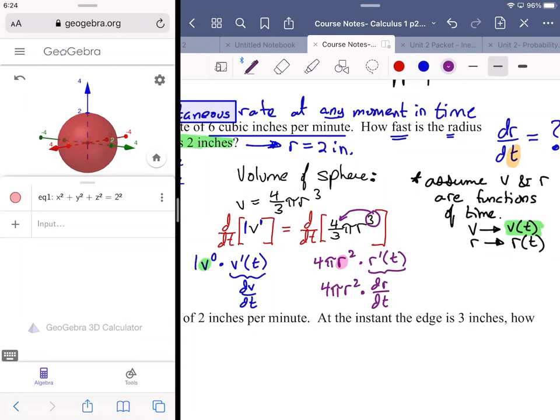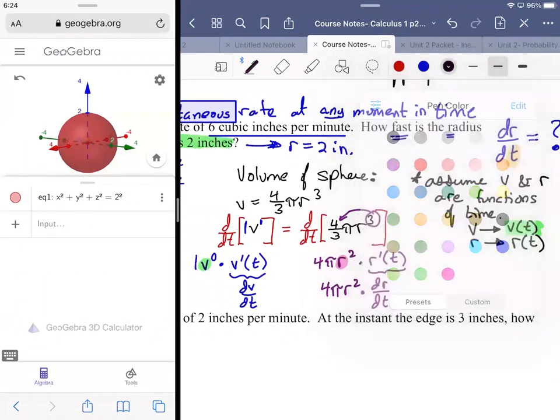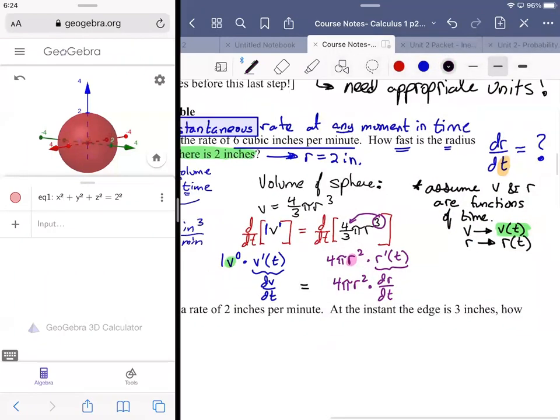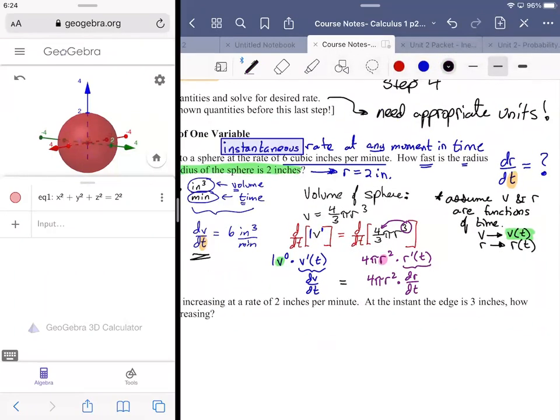we're looking at a problem here where we've just identified a dv dt, and we've established that we're looking for a dr dt. So it kind of makes sense to write it as dv dt and dr dt. All right.